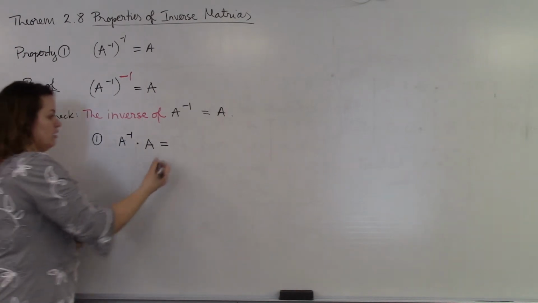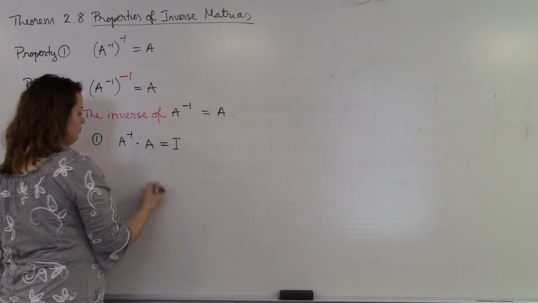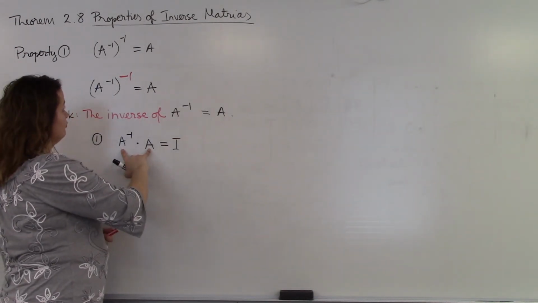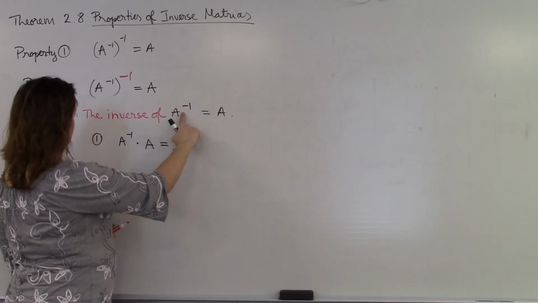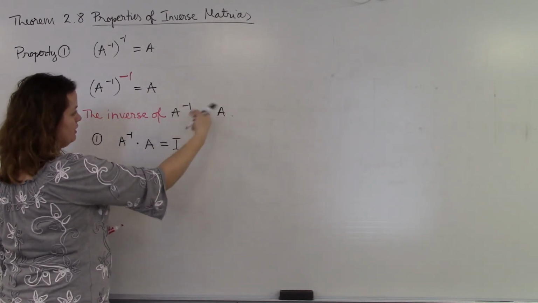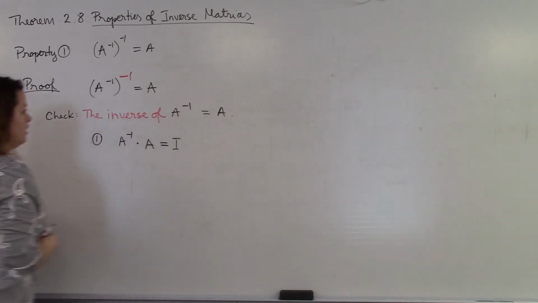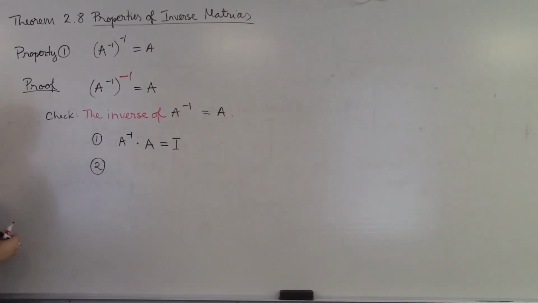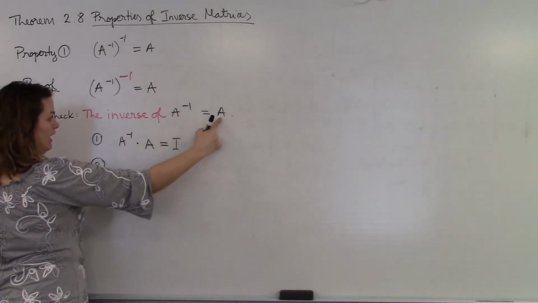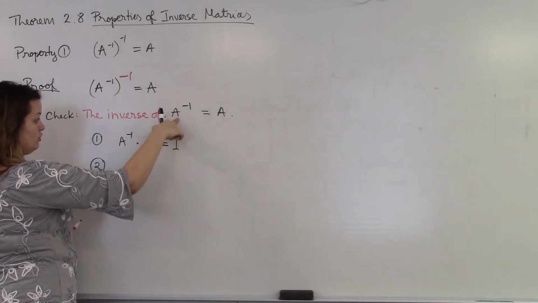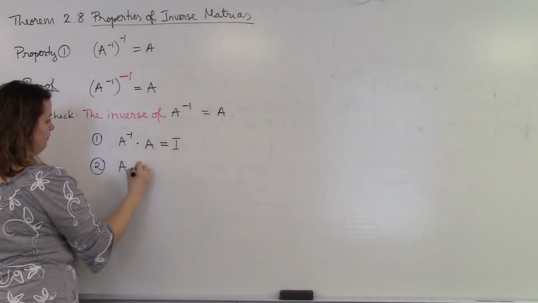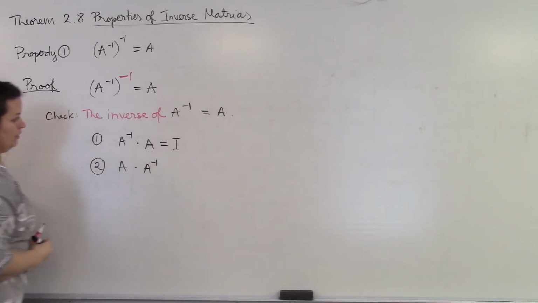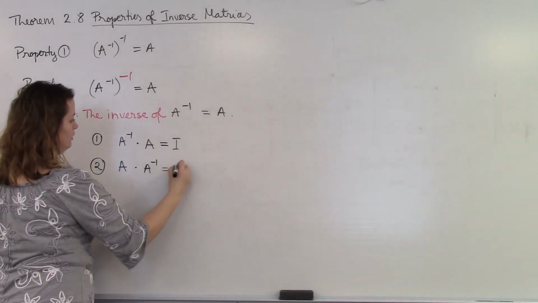Well, yes, because we are to assume that this A inverse is the inverse of A. Okay, so number two, I am to check that A times this new guy is equal to the identity.